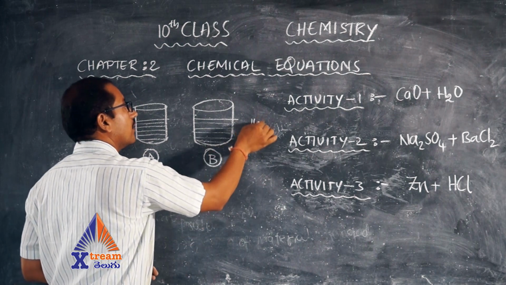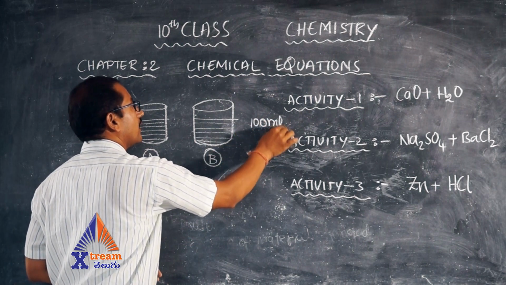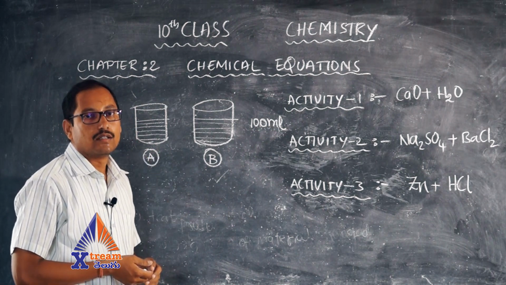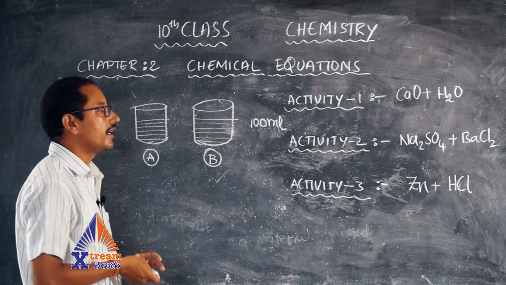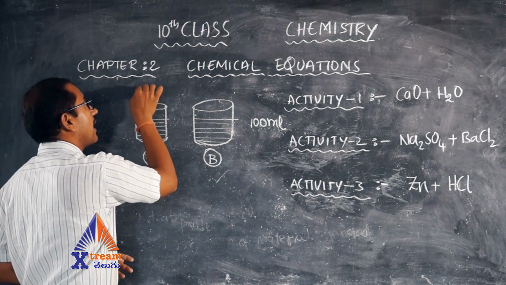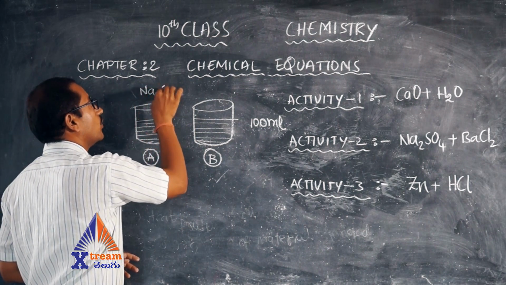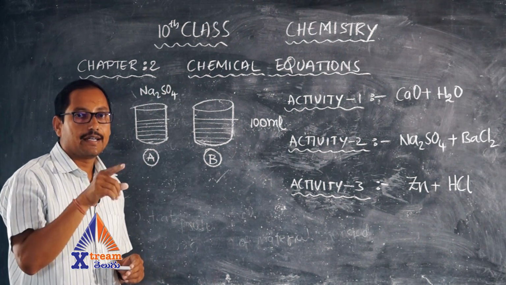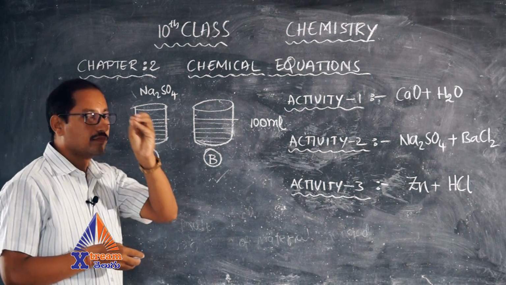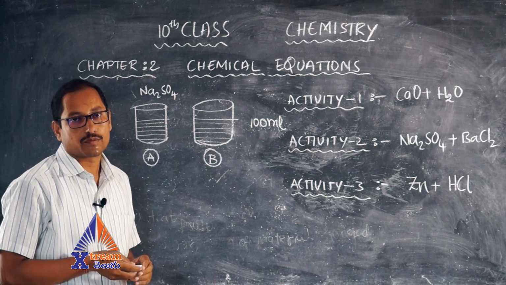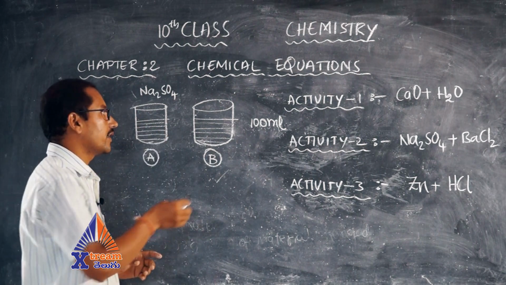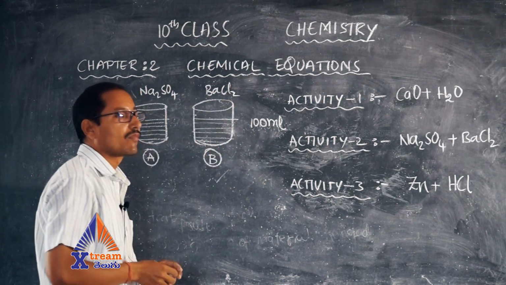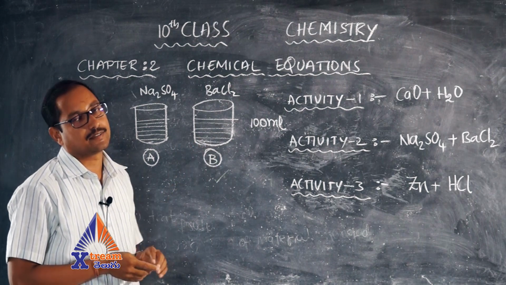That means 100 ml each. Each beaker has been filled with 100 ml water, and into the first beaker we have added some Na2SO4, which is nothing but sodium sulfate, and some barium chloride, BaCl2, has been added into the second.